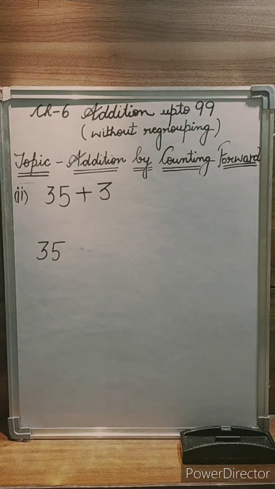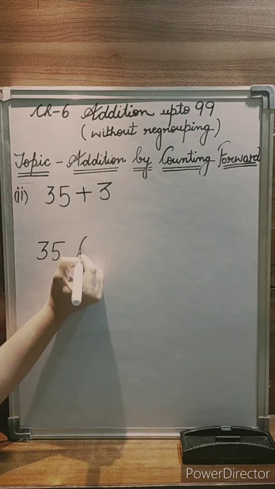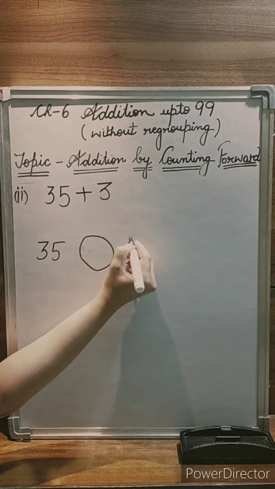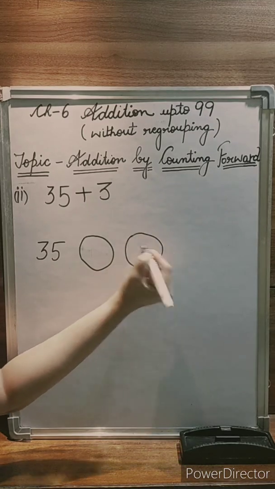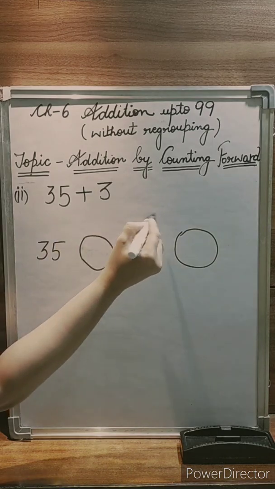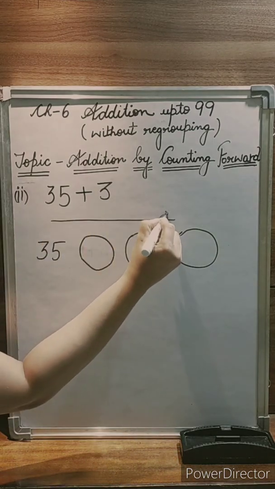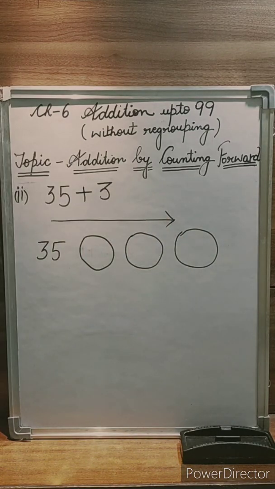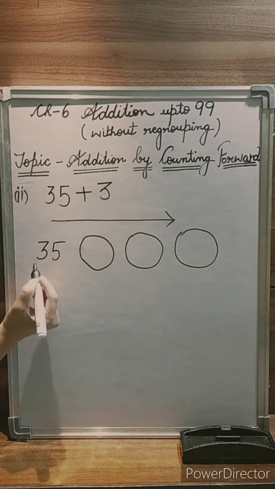And how many steps we have to move ahead? Yes, we have to move 3 steps ahead from the given number. So we will make 3 circles for it. 1, 2 and 3. So we will count forward from the given number, that is 35.